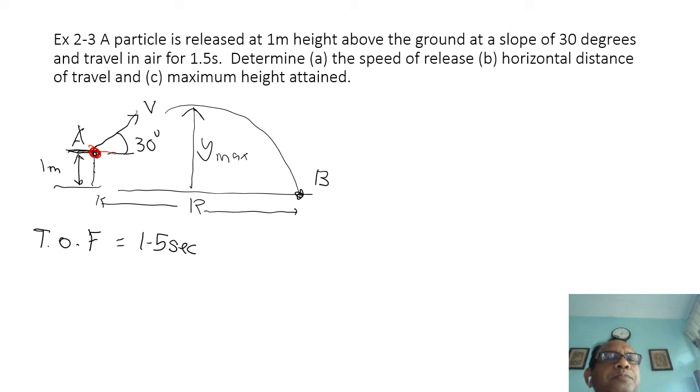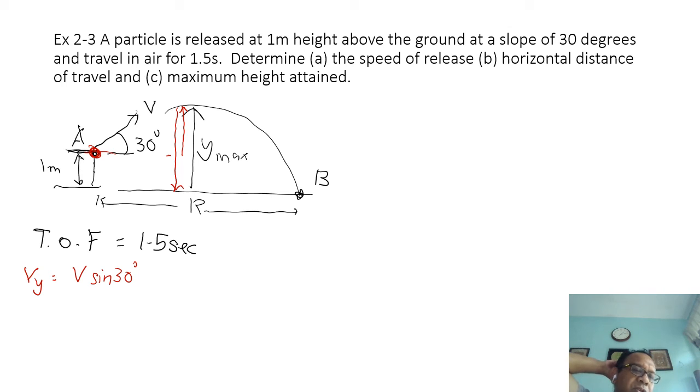So the vertical component of the velocity, Vy, equals V sine 30 degrees. Okay, and up it goes to the Y max, and then down it goes to minus 1.